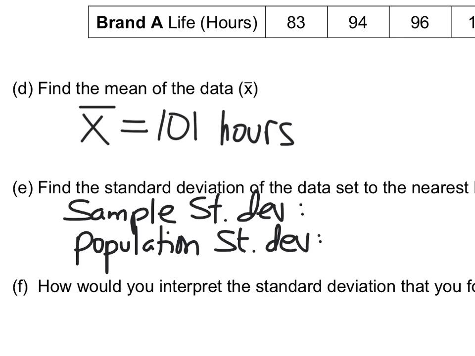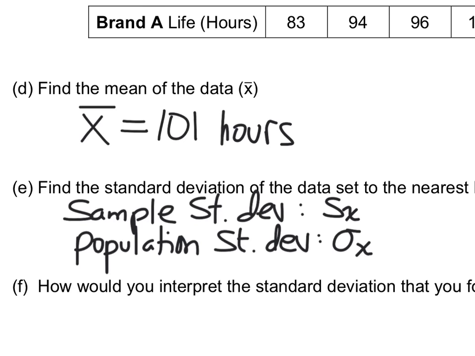The sample standard deviation is abbreviated with an S sub x. Population standard deviation is sigma sub x. It's an O with a little tail at the top. Lowercase sigma sub x. Greek letter sigma.